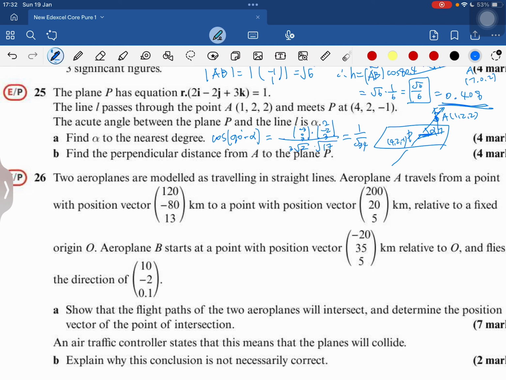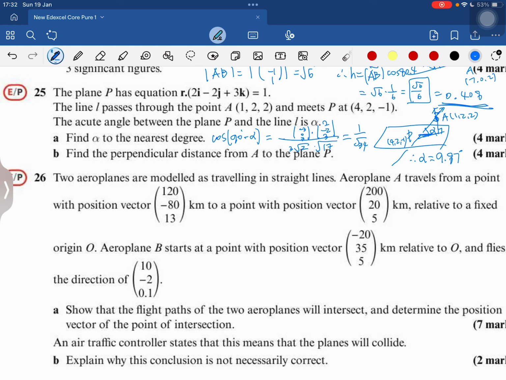So arc cos 1 over square root 34 is 90 minus alpha. Therefore, alpha is 90 minus that answer, which is 9.87 degrees. So now for the perpendicular distance from A to plane P, we already know 9.87 degrees.